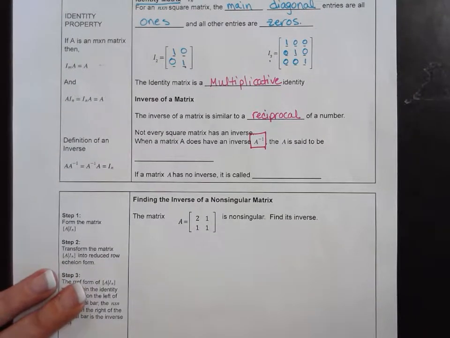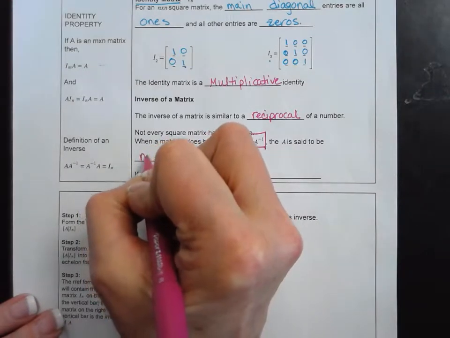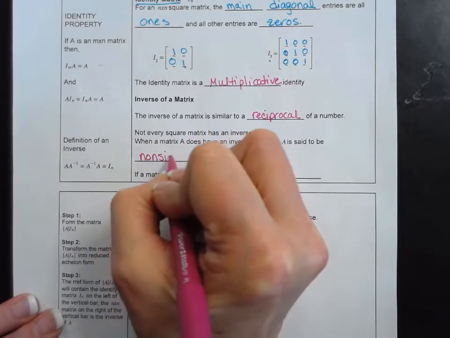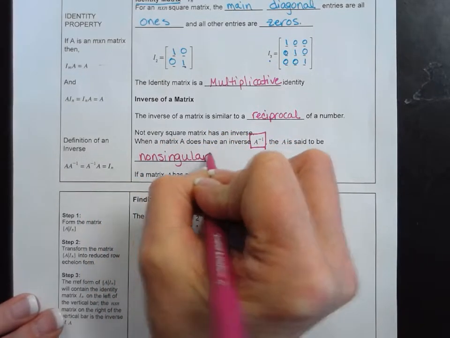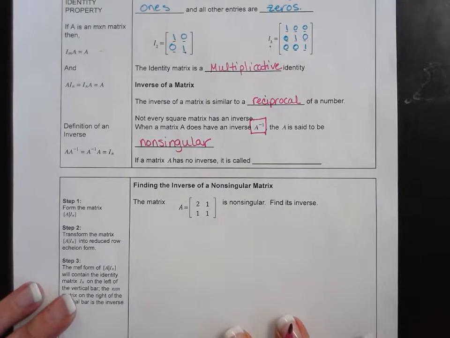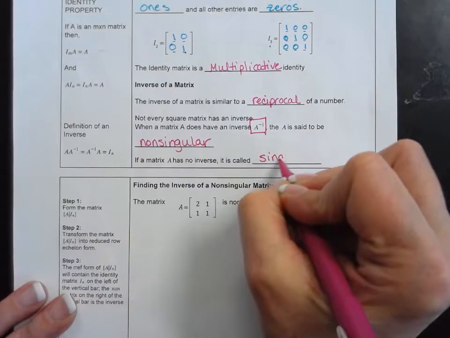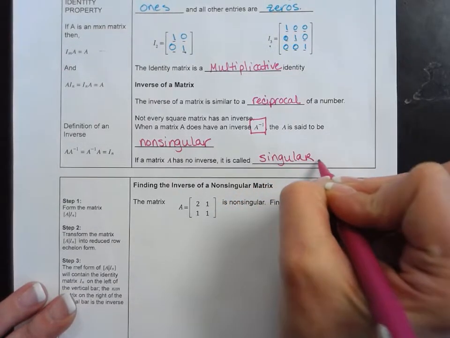But not every matrix has an actual inverse. Okay? When it does, it is said to be non-singular. But if it doesn't have an inverse, then it is singular.